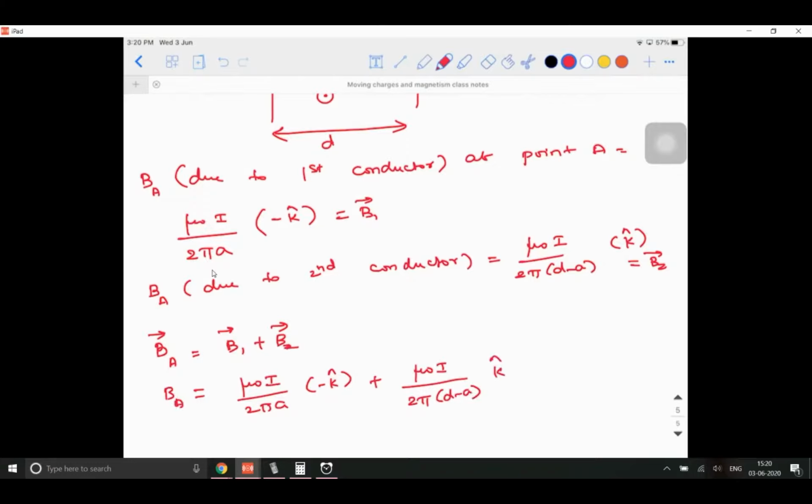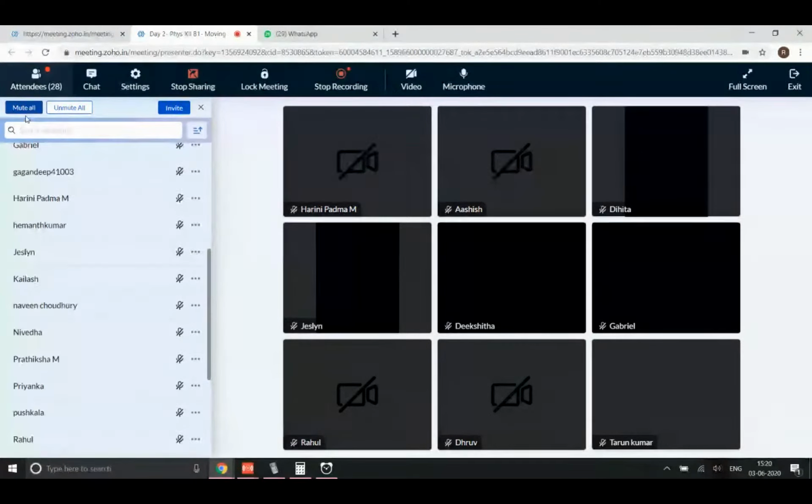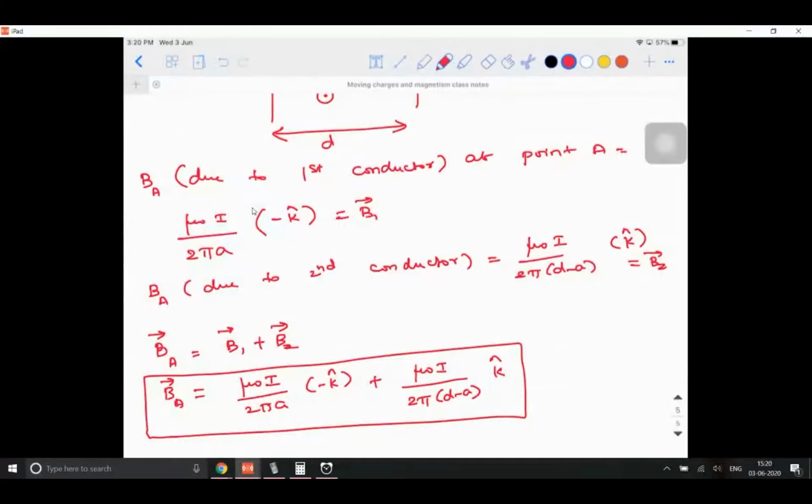So this is going to be the resultant for both. I hope it is clear, everyone.